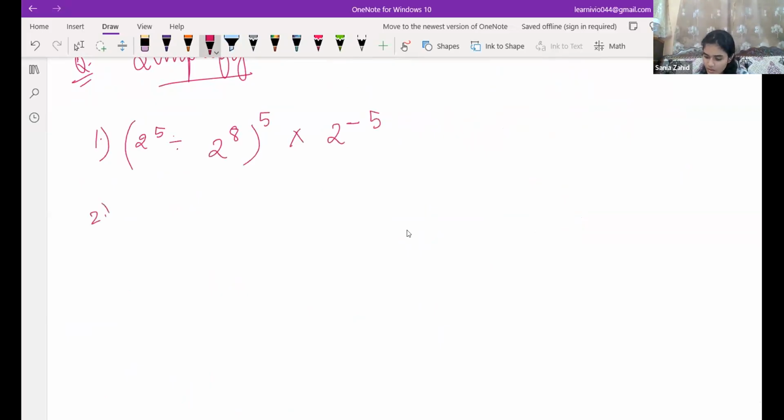The second is minus 4 to the power minus 3 into 5 to the power minus 3 into minus 5 to the power minus 3. So we'll do these both as well.